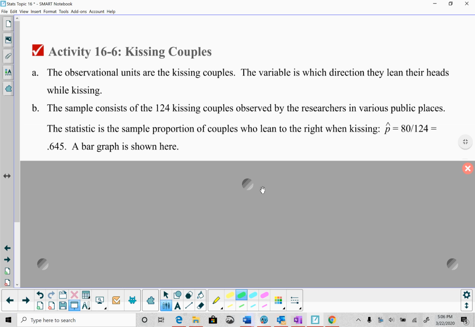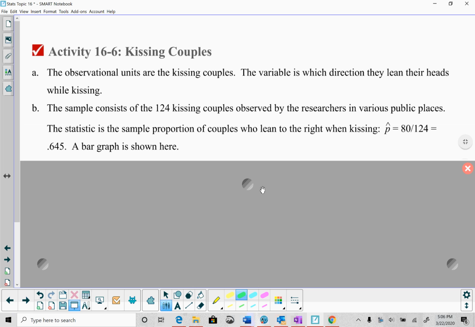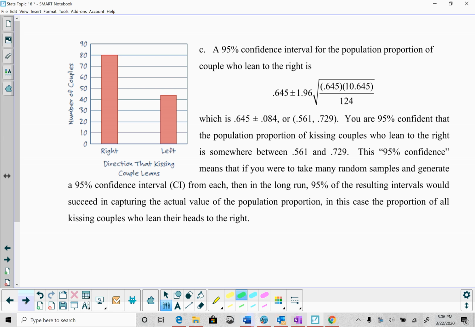Sample data consists of the 124 kissing couples observed, and again, 80 of them leaned to the right, so 80 out of 124. Our value there for p hat is 0.645. So the graphic display here is number of couples to the right, do the subtraction, number of couples that lean to the left.